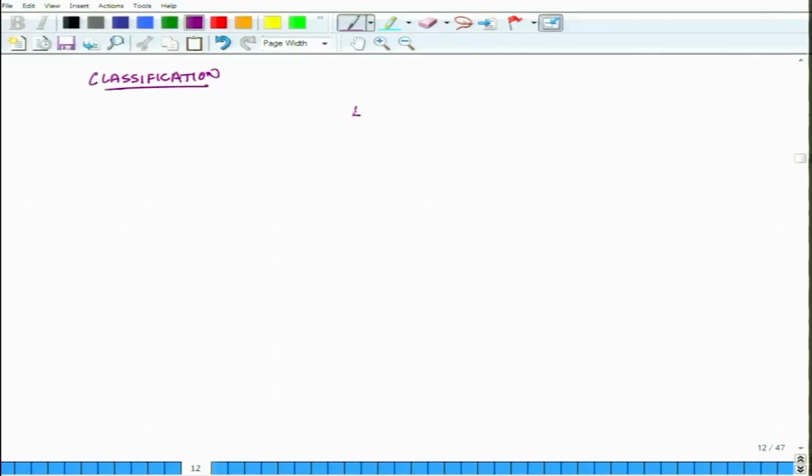So, we have engineered composites. Okay. And broadly speaking, you have two types of composites.